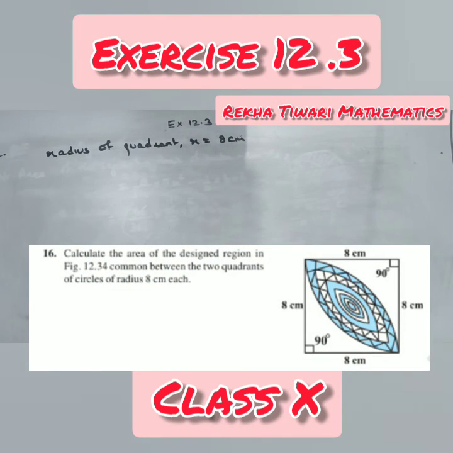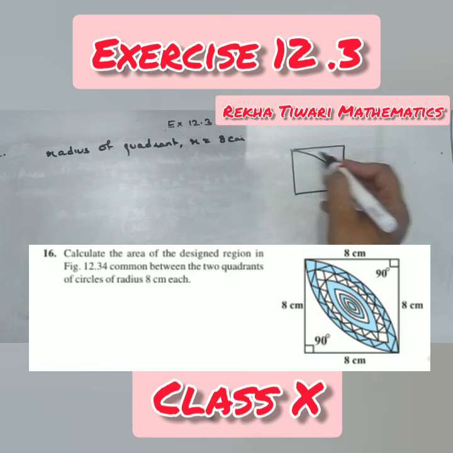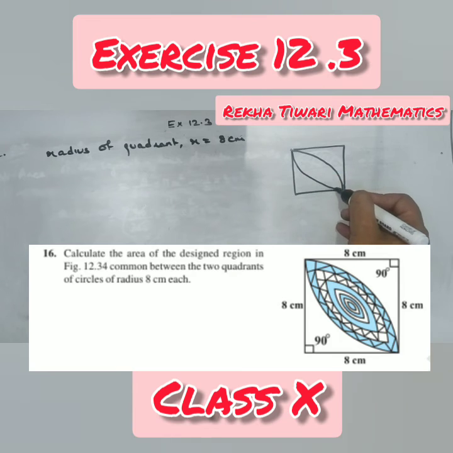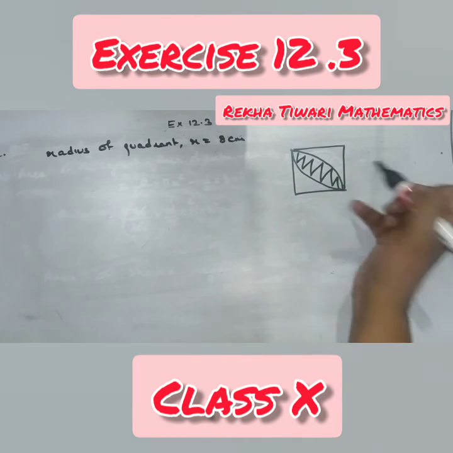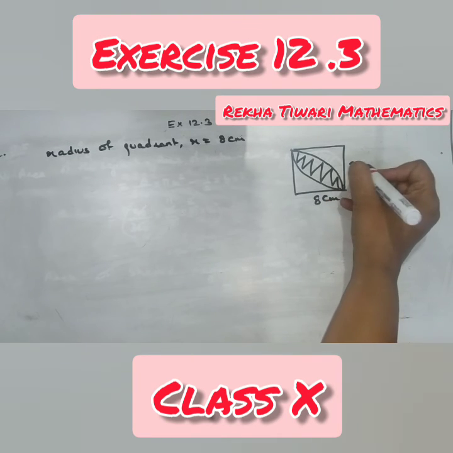Okay. And the figure is two quadrants. Let this be one of the quadrants, and from here if you see, this is the other quadrant, and this is the designed region. You have to find the area of this designed region. Radius is 8 cm.